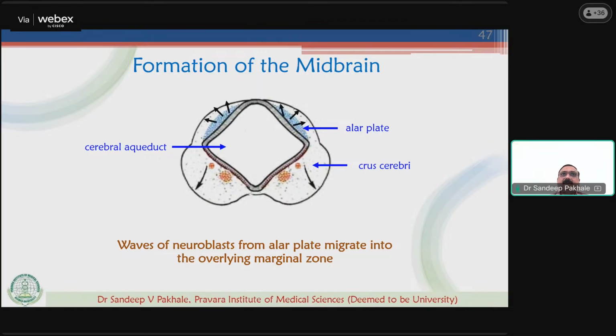On the other hand, the alar plate forms the tectum. So you can see there is a migration of this alar plate, which leads to the formation of the tectum, which includes the superior and inferior colliculi.